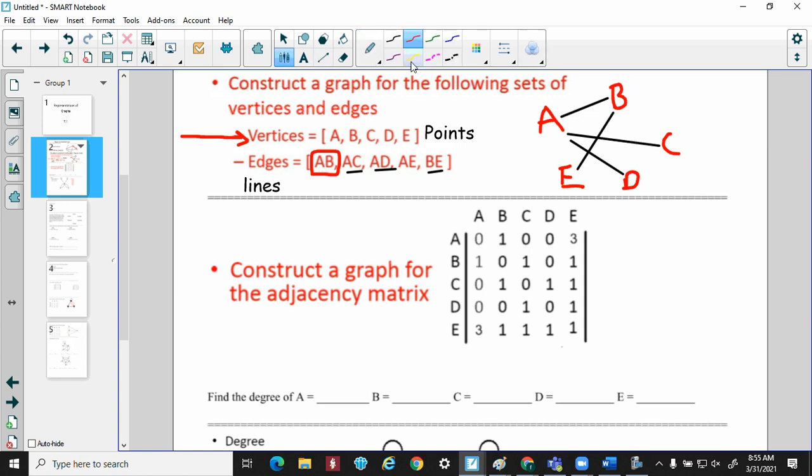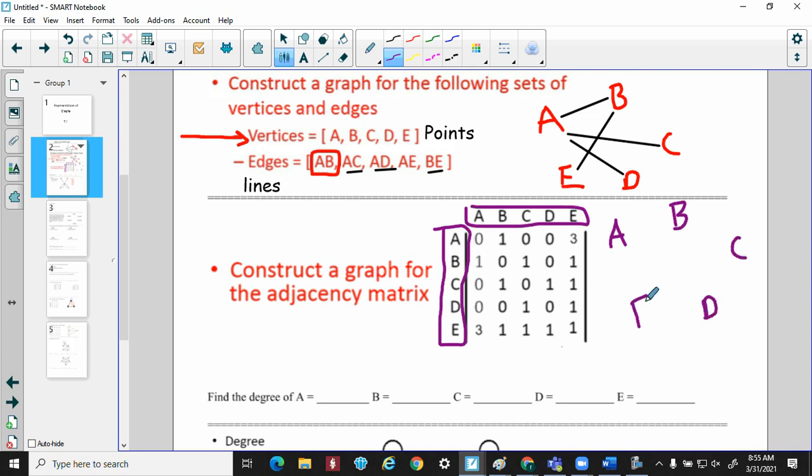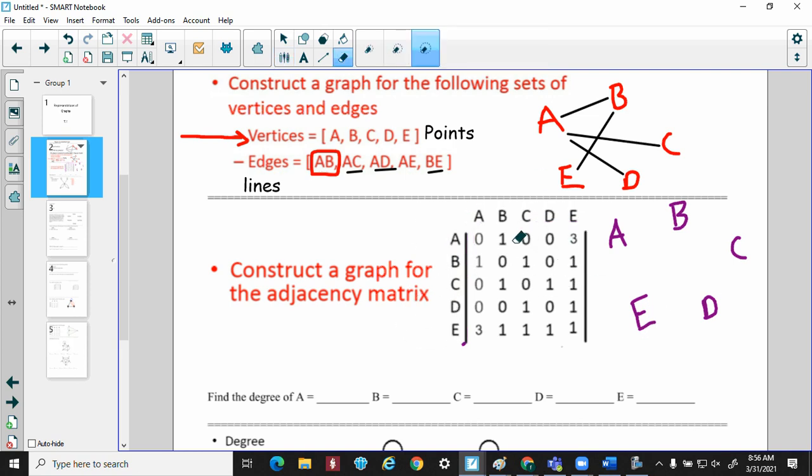Now, let's break this down a little bit. First off, the points that you'll be using, you can just look either down a column or down a row, A, B, C, D, E. So again, creating the little circular pattern here, C, D, E. Okay, so as you're creating your vertices, make sure they're all in a circular pattern.